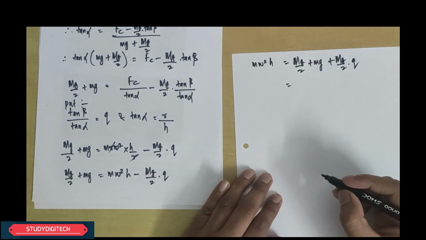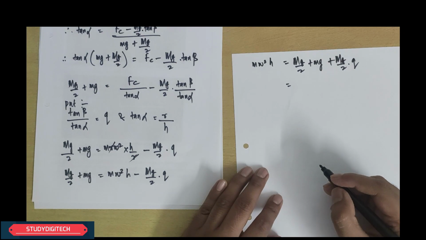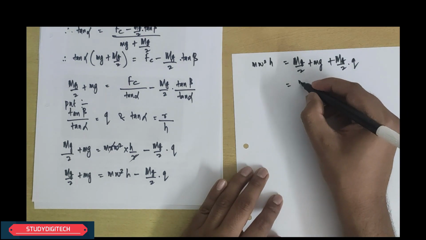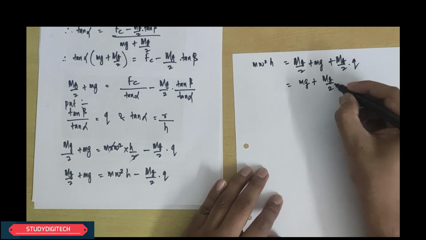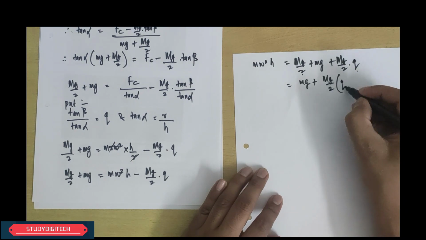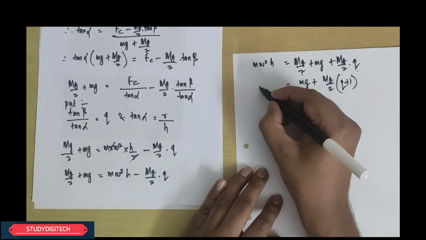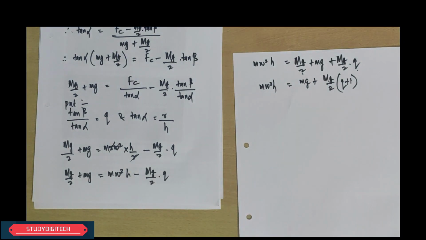So this equation we have, from which we are going to take small mg, capital Mg, which is common, so remaining is q plus 1. So we have m omega square h as small mg plus capital Mg divided by 2 into bracket q plus 1, or 1 plus q.